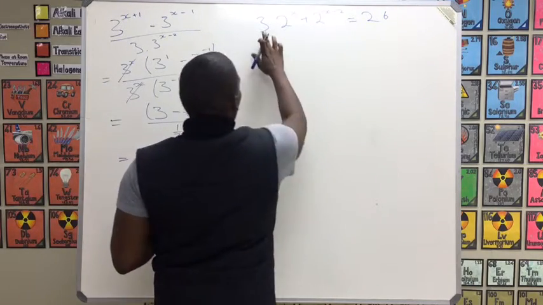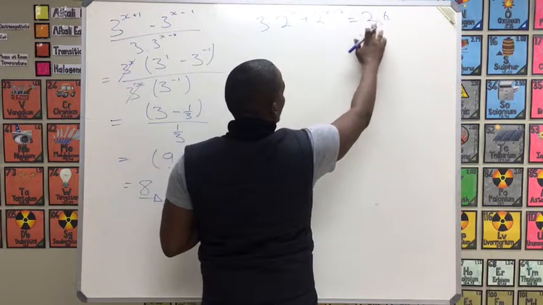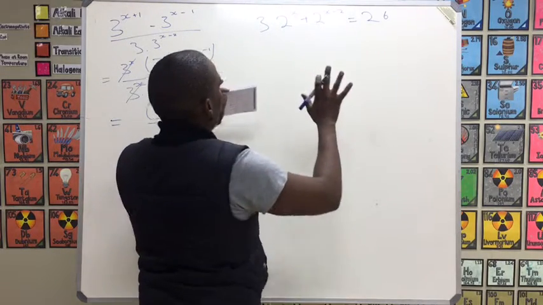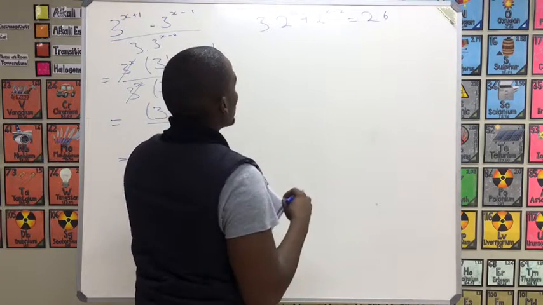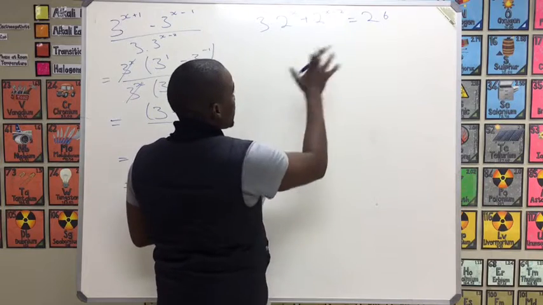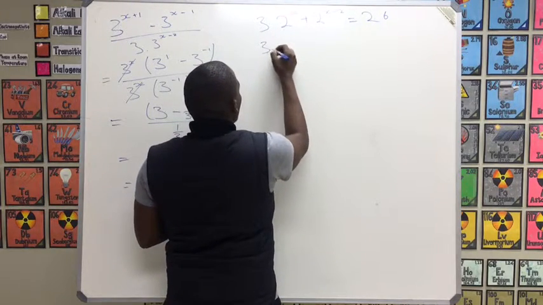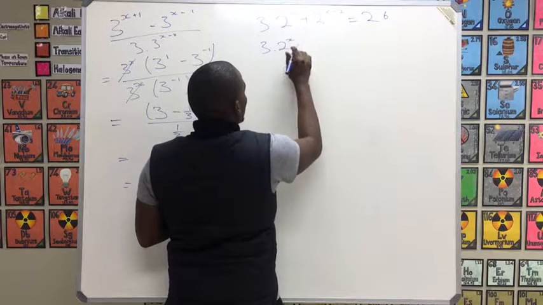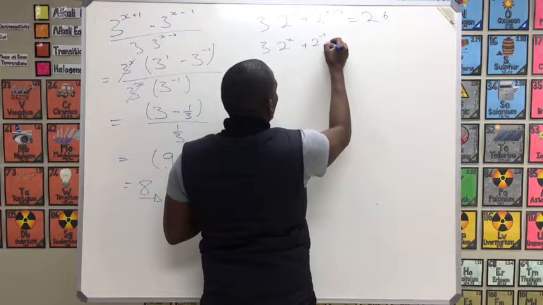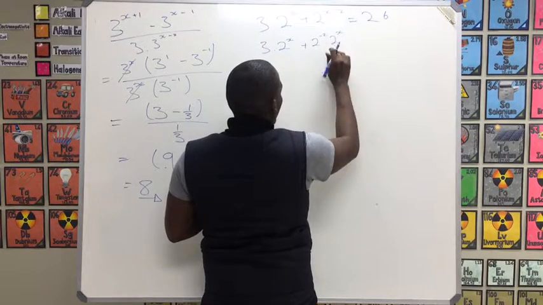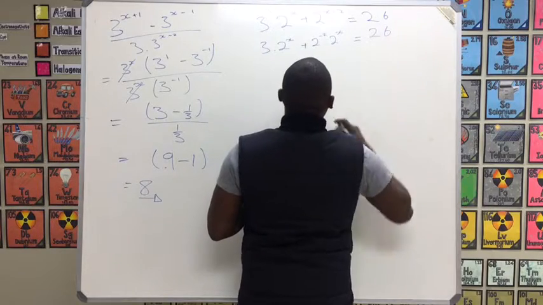As it stands, nothing really jumps out at us in terms of how to solve this, but let's play around with the numbers. So I've got 3 times 2 to the x, plus 2 to the negative 2 times 2 to the x, equal to 26.